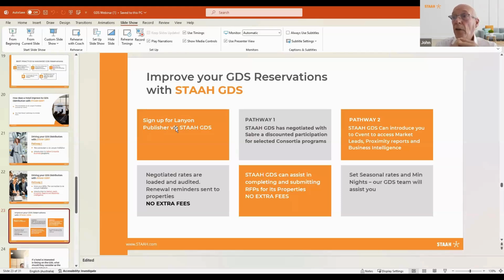We load your negotiated rates and we audit them. And we also send out, at no extra cost to the hotels, reminders as to when their validity date is expiring of those negotiated rates. They normally run for about a 12-month period. However, they will also be able to increase the rates for the following year.